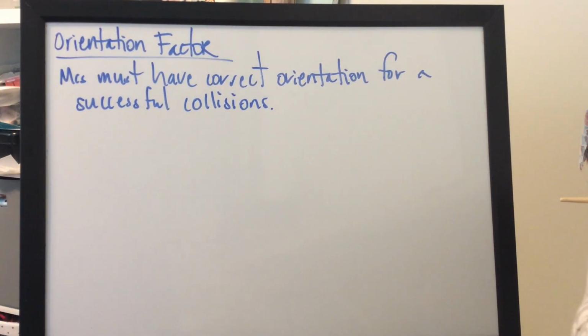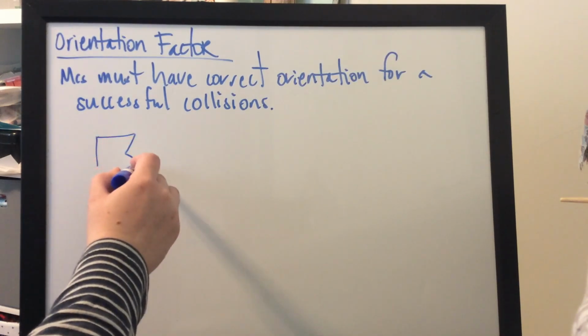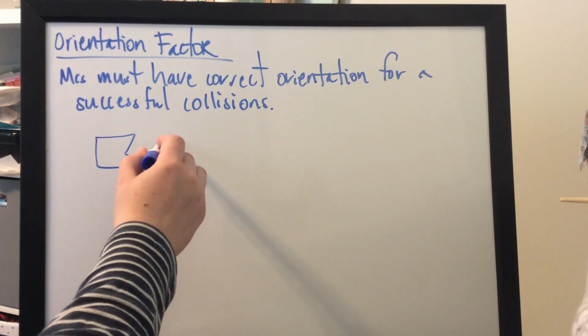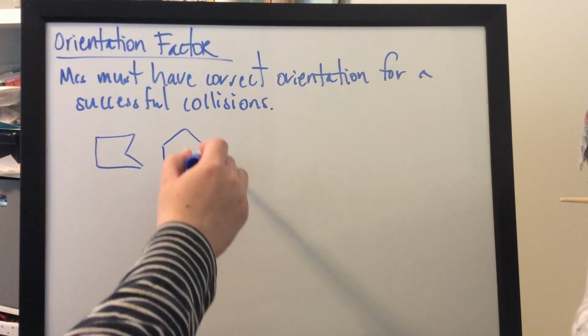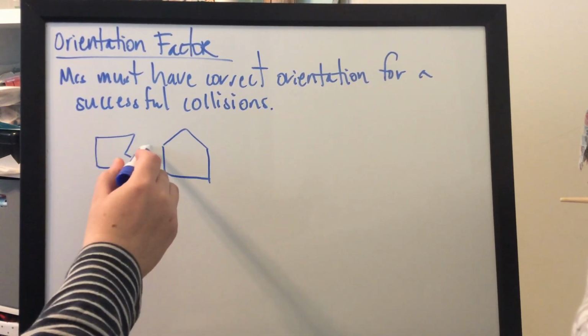You can almost think about this kind of like puzzle pieces. I probably should have found some puzzle pieces. That would have been a really good visual to show you. But if you think about two puzzle pieces that fit together, let's just do something kind of silly. One that has a triangular cutout and another one that has a triangular piece. I don't know.